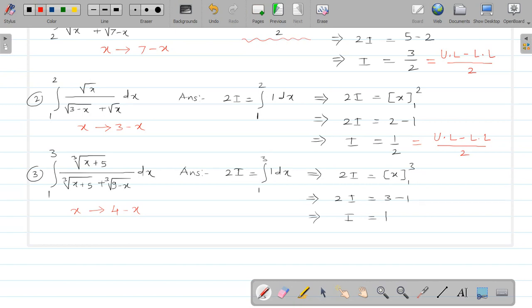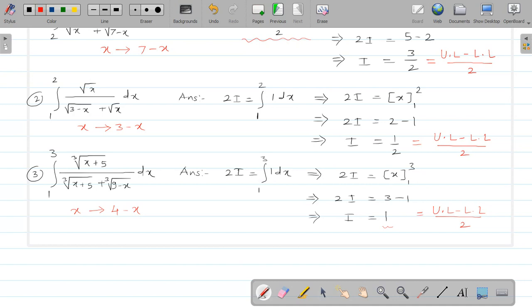So 2I is equal to the integration from 1 to 3 of 1 dx, and after solving that we get 2I is equal to 3 minus 1, and hence I is equal to 3 minus 1 upon 2, that is 2 upon 2. Again, upper limit minus lower limit upon 2. Here the upper limit is 3, so 3 minus 1 upon 2. 3 minus 1 is 2, so 2 upon 2. That's why we get the answer 1.